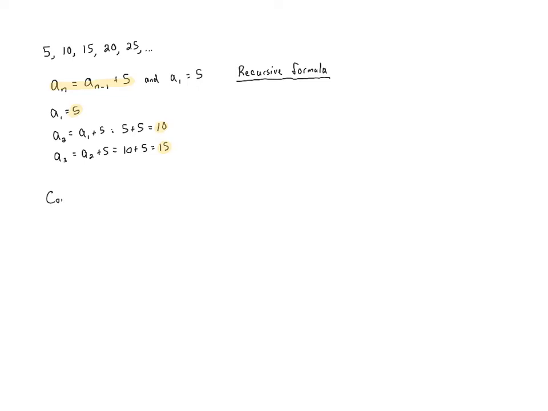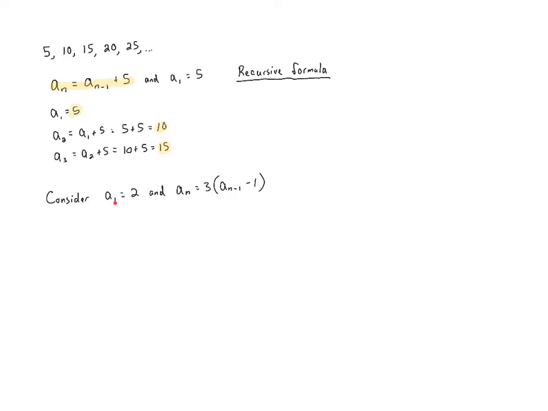Let's consider the sequence given by a sub 1 equals 2, and then a sub n equals 3 times the quantity a sub n minus 1 minus 1. This formula tells us to get a term, we take the term that came before it, subtract 1, and then multiply the result by 3.